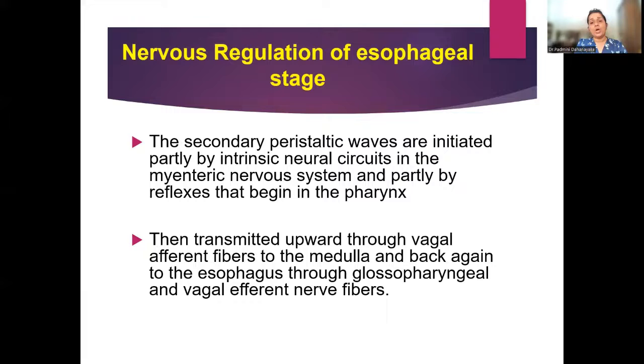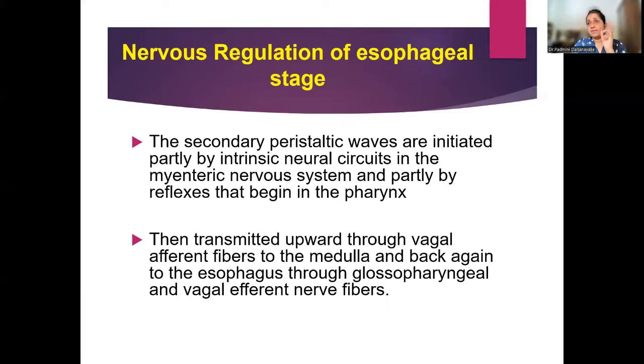So the myenteric nervous system is mainly involved with the movements of the gastrointestinal tract. So the myenteric nervous system will be partly responsible to initiate the secondary peristaltic waves, and then another one is vagal afferent fibers. So they will carry signals. Now still we don't have enough strength to propel the food bolus into the stomach. Please give some nervous signal. So then vagal afferent fibers to the medulla, and back again to the esophagus through the glossopharyngeal nerve and the vagal efferent.